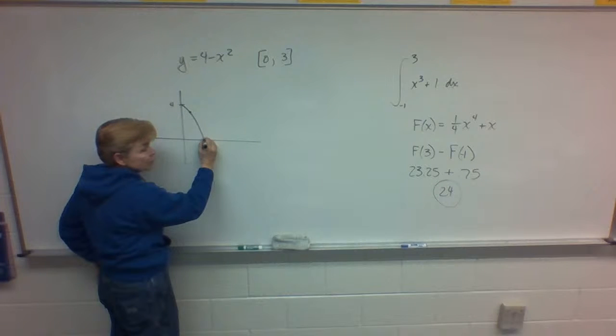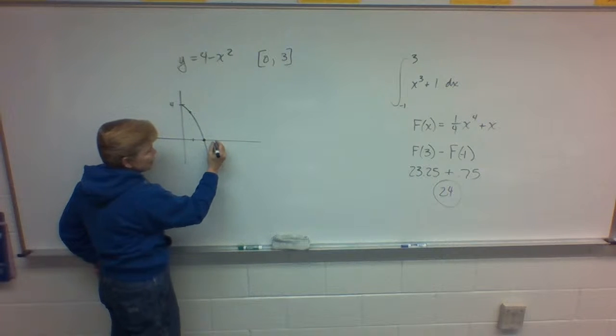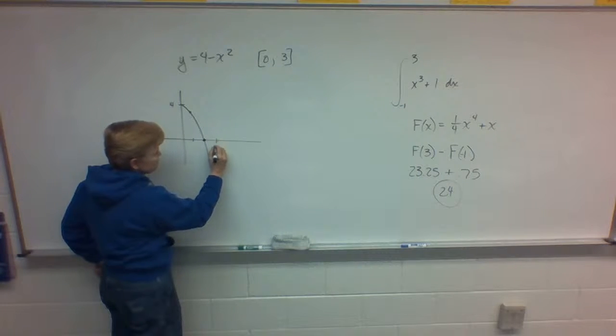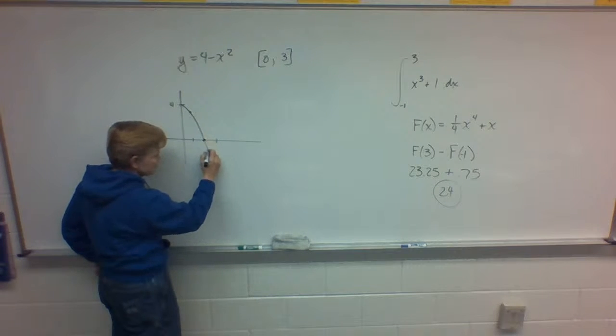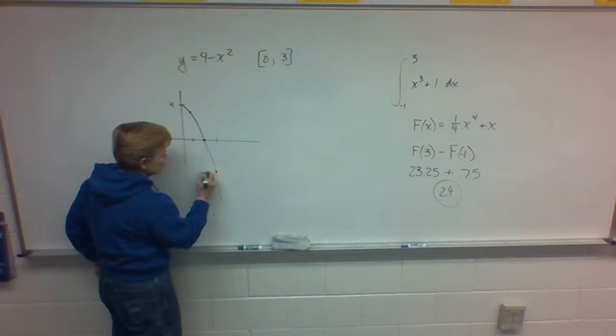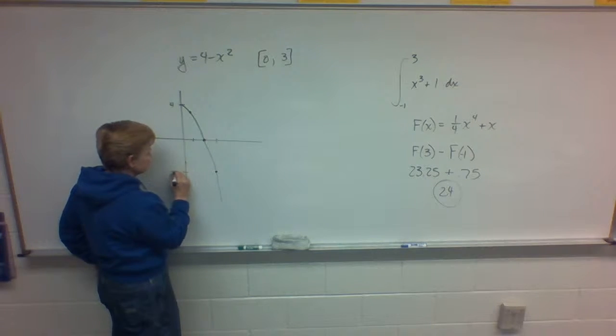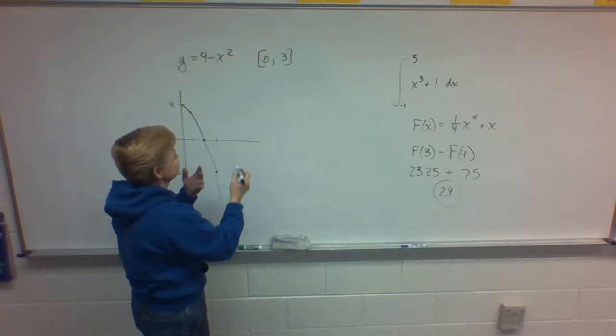So this is 2, this was 1 when x is 1, this is when x is 2, and I've got to go clear out to 3. That would be out 1, down 5. So this would be negative 5, right? Just pretend that's nice and smooth, okay?